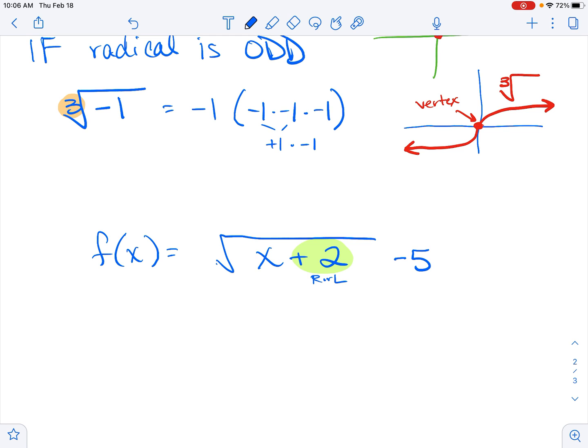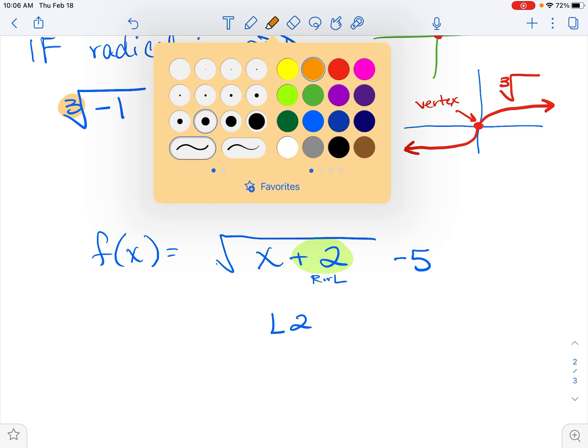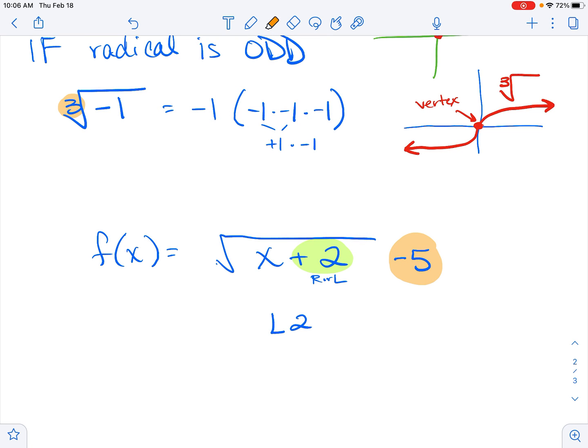Because it's opposite with the x, it is going to move it left 2. Now, because the 5 is outside of the radical, it is going to move it up or down. And outside the radical, it's the same. It matches. So it is going to move it down 5.